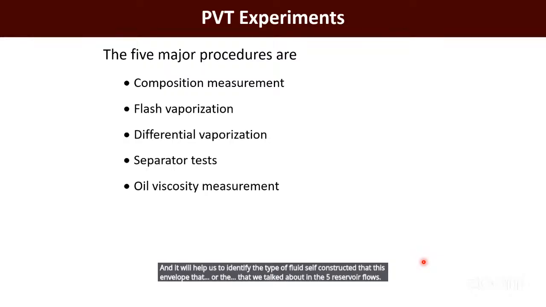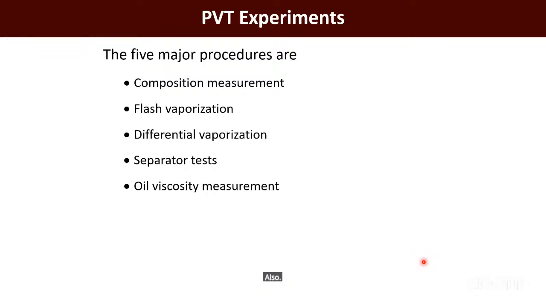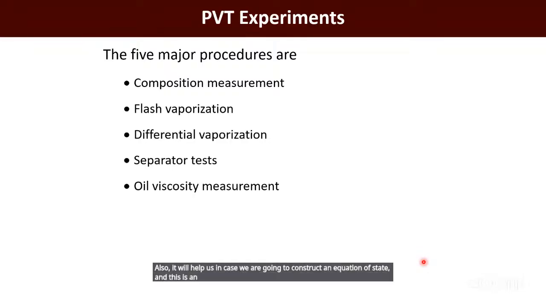Also, it will help us in case we are going to construct an equation of state. And this is an advanced topic that we may cover. But the equation of state represents the very minor changes of the fluid properties under very small changes of pressure and temperature.